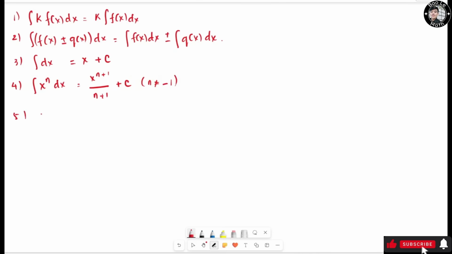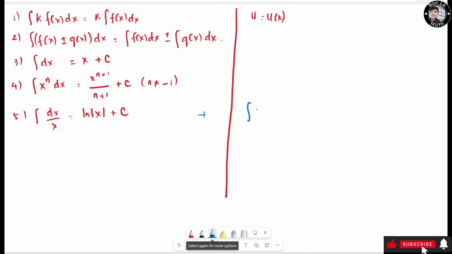Number 5. If you have the antiderivative of dx over x, it's going to be ln of the absolute value of x plus c. Now if you have u substitution, the antiderivative of u prime over u du is going to be ln of the absolute value of u plus c.